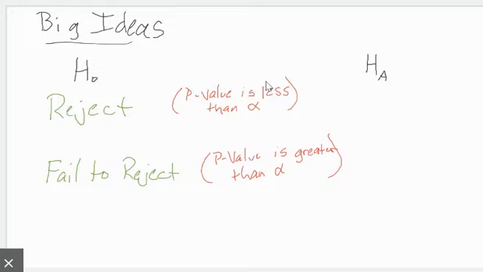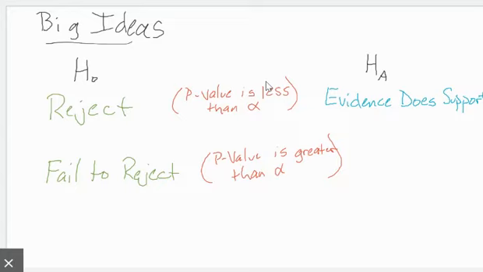We say that there is enough evidence, it does support. Okay? We say we do have enough evidence to support the alternative hypothesis.